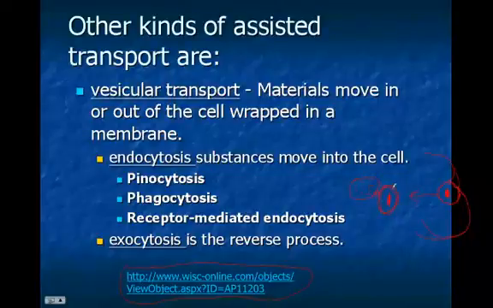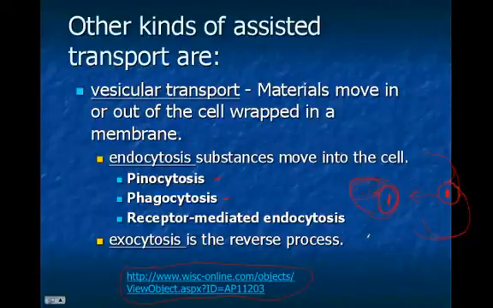That lysosome can then fuse with the membrane of that vesicle and digest either that food particle or that bacterium. So that's how endocytosis happens, by engulfing either fluid in pinocytosis or food particles in phagocytosis.